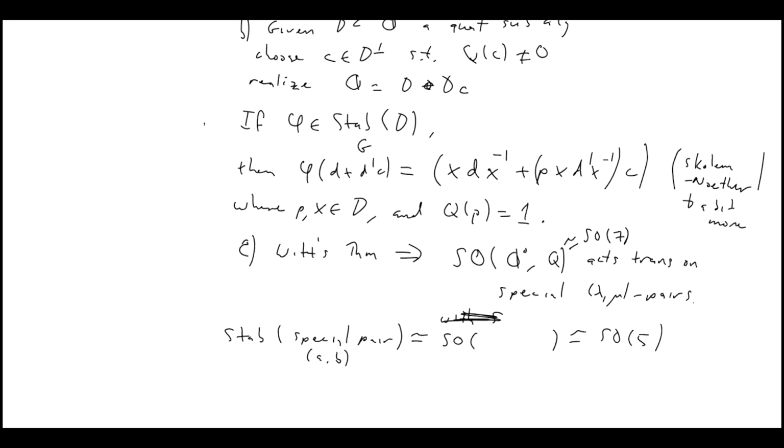Specifically, this is acting on the part which is perpendicular to 1, A, B. So that's going to be 7 minus 2, which is 5. Yes, that should be good.